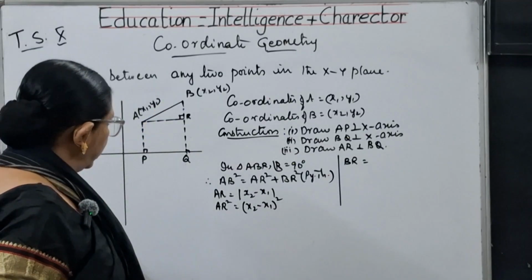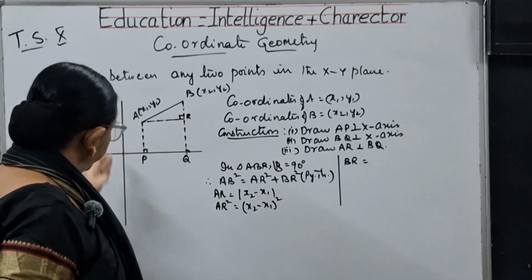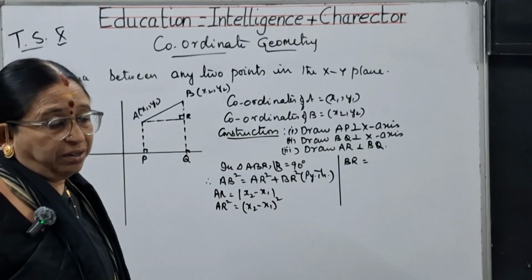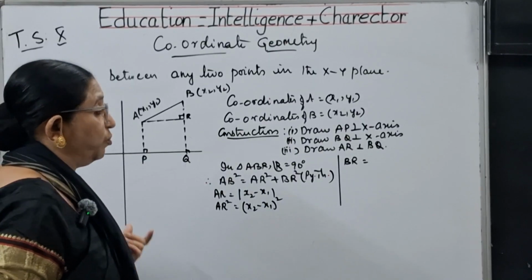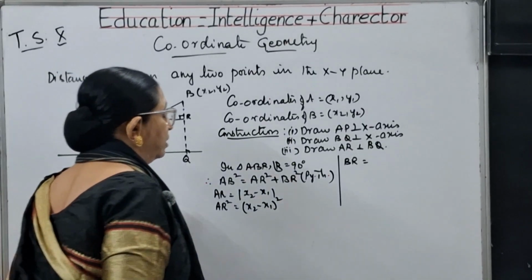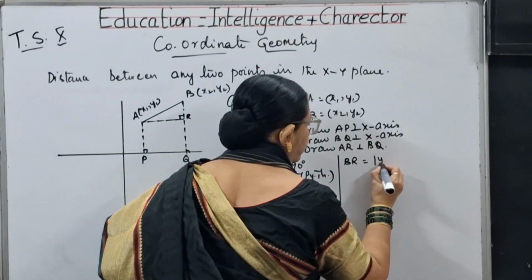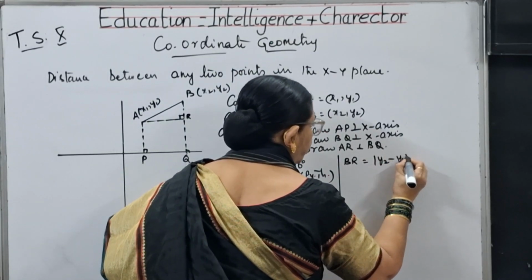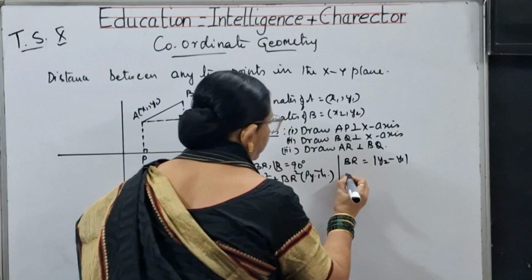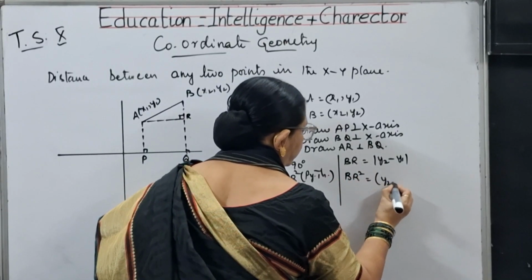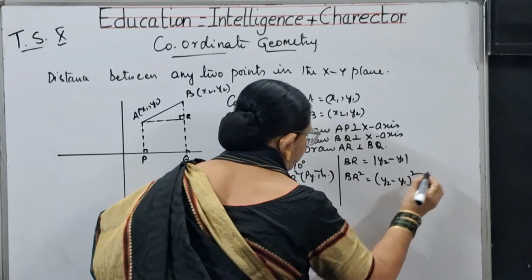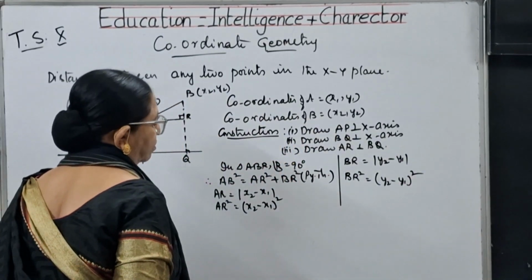BQ is parallel to the y-axis. So BR is also parallel to the y-axis. And in the previous class we have learned, if a line is parallel to the y-axis, then the distance can be measured by using the formula modulus y2 minus y1. So what is BR square? y2 minus y1 whole square is BR square.